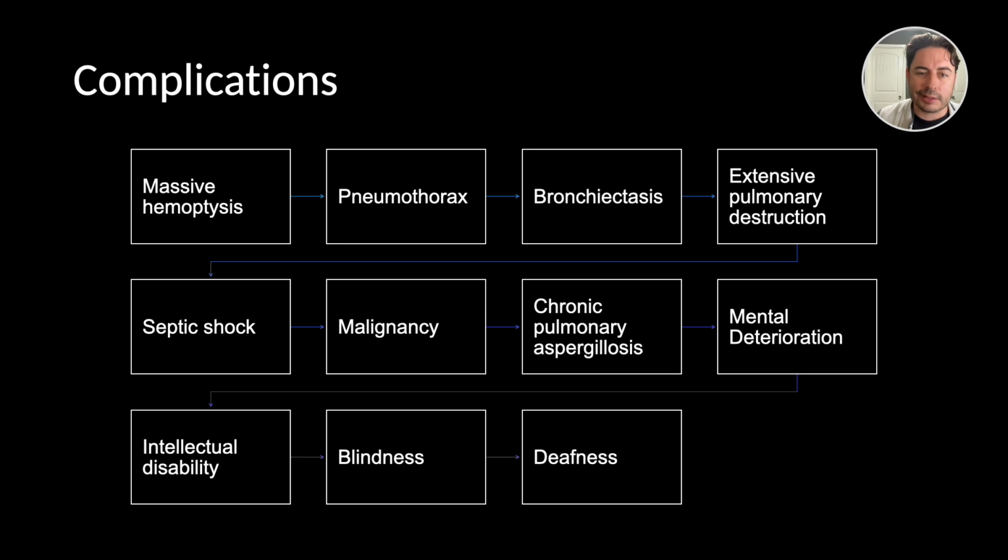Pneumothorax, bronchiectasis, extensive pulmonary destruction, sepsis, malignancy, chronic pulmonary aspergillosis, mental deterioration, intellectual disability, blindness, and deafness. These are all complications that are associated with that disseminated TB and when TB gets really, really bad.